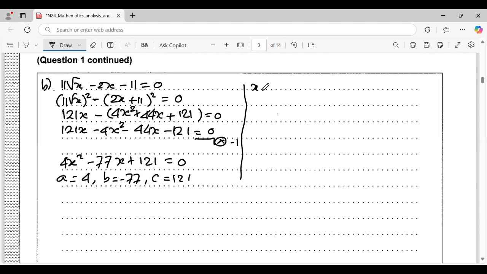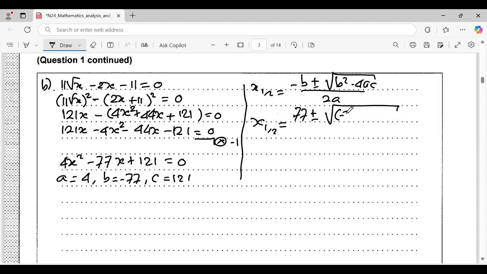You are familiar with this formula, I think: x = (−b ± √(b² − 4ac)) / 2a. So we determine x1 and x2 through this formula: 77 ± √((−77)² − 4 times 4 times 121), over 2 times 4.